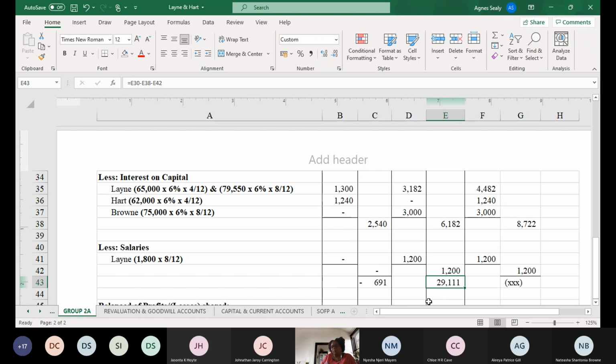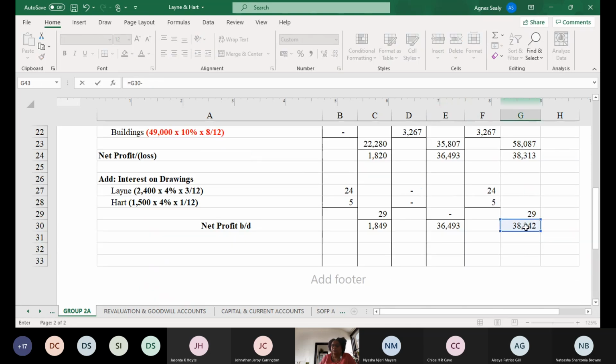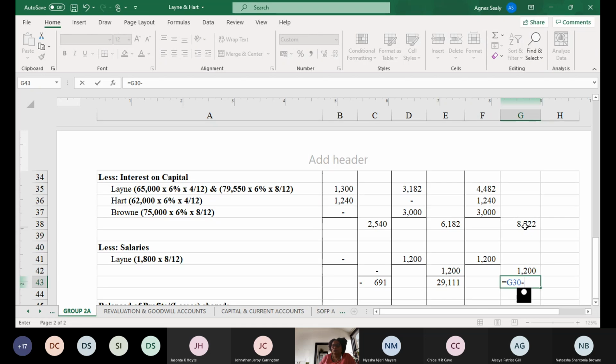So for the first 4 months, they realize a loss, and that loss has to be shared with Layne and Hart only. And then under the 8 months, they got a profit, and the profit is supposed to be shared with Layne and Brown. That's what's going to happen there.